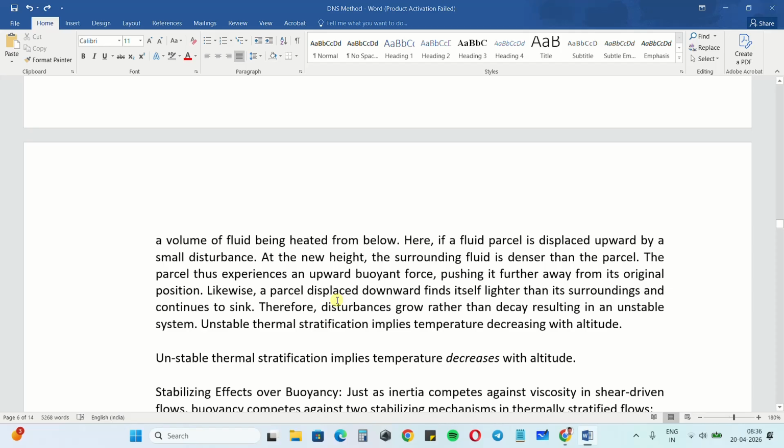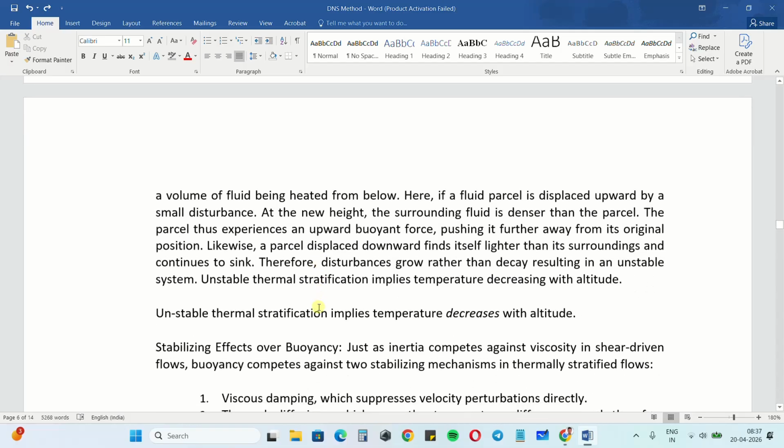Since the fluid is moving from the lower region, it has a lower density than the upper level, so it will continue to rise up. Likewise, as it tries to sink down, because of higher temperature at the lower level you have lower density air, and since you are coming from the top, you have a higher density, and it would continue to sink down. So the motion here is augmented by the stratification. That's how stable and unstable thermal stratification works.